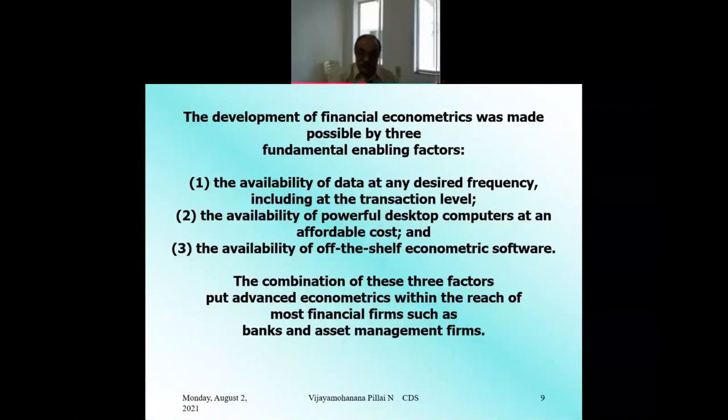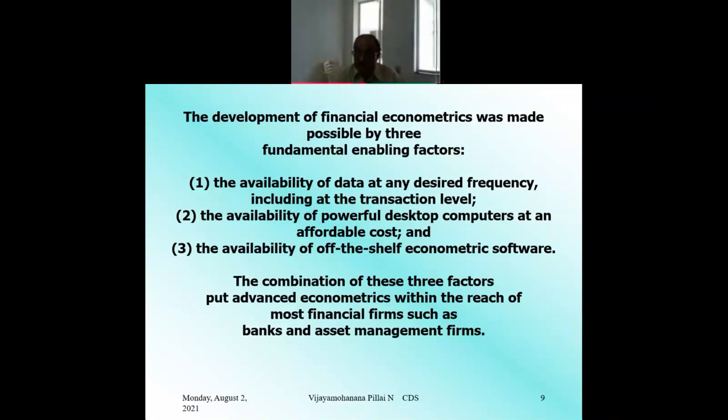There are three fundamental enabling factors that make the development of financial econometrics possible. The three are the availability of data at any desired frequency, including at the transaction level. We know that today we are in the position of very high frequency data, including not just hourly data.